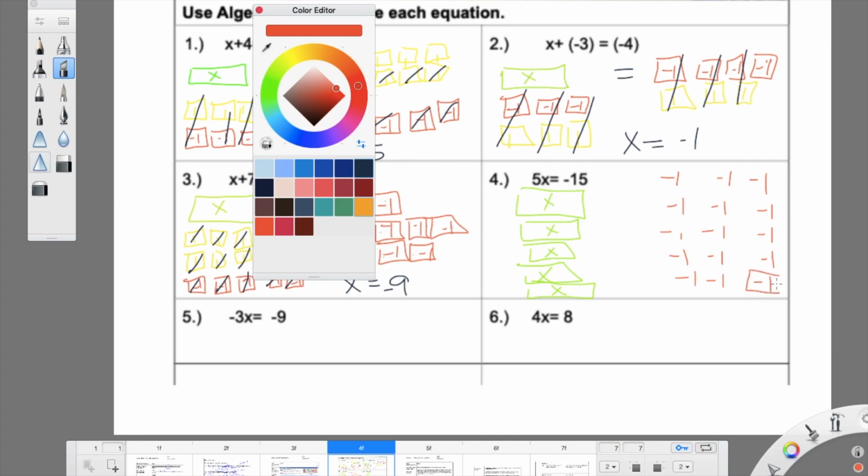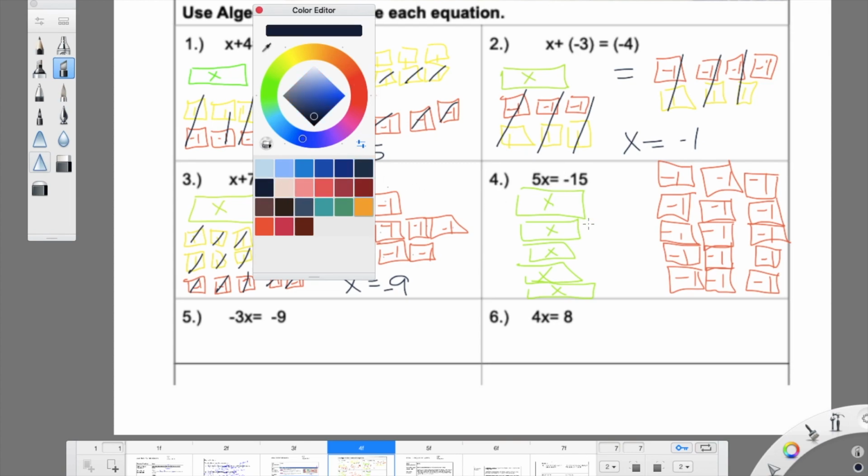Now I need boxes. Almost there. Okay, so now we have 5 x's and we have equals negative 15.